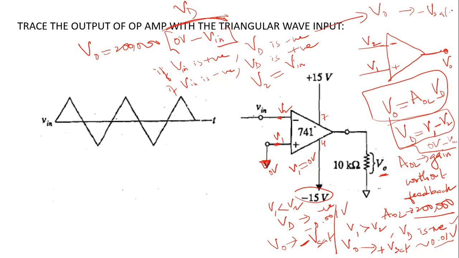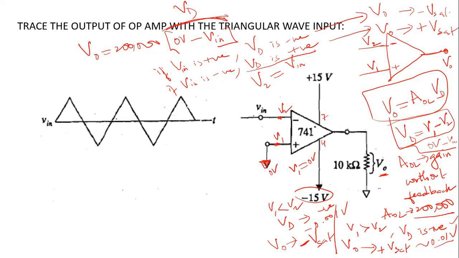You agree with me? If Vin is negative, the input signal is negative, then there is a minus here. Minus of minus will become a positive voltage, so your VD will become positive. If your VD is positive, your output voltage will go to positive saturation. All right.